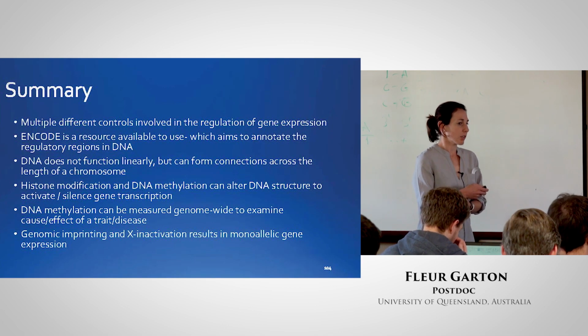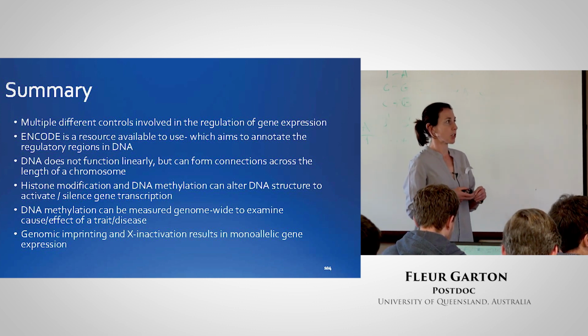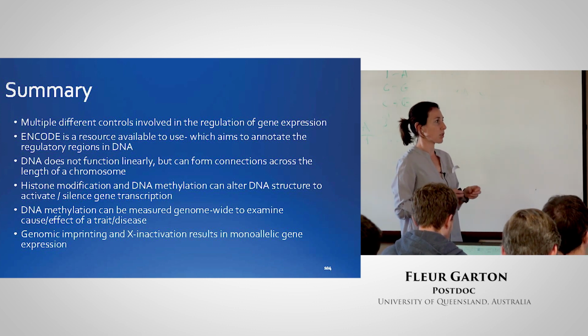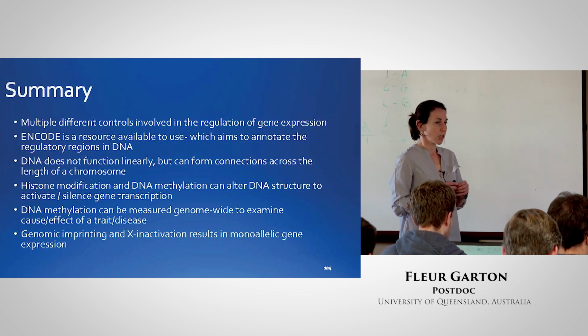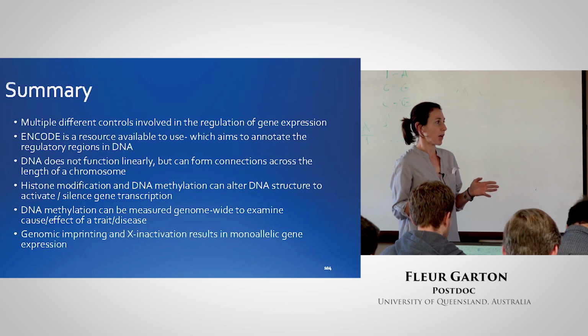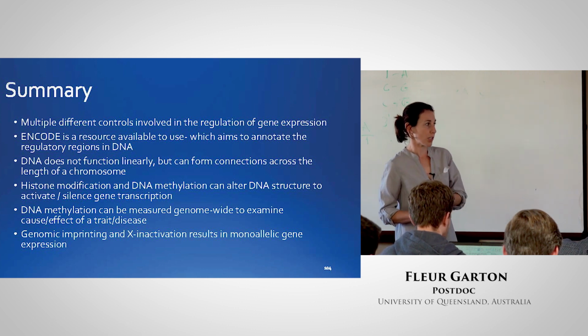A quick summary before we move on: there's multiple different controls involved in the regulation of gene expression. ENCODE is a very good source that aims to annotate these regulatory regions. DNA does not function linearly and can form connections across the length of a chromosome. We've talked about methylation, so this can occur in the histone modification and also on the DNA.